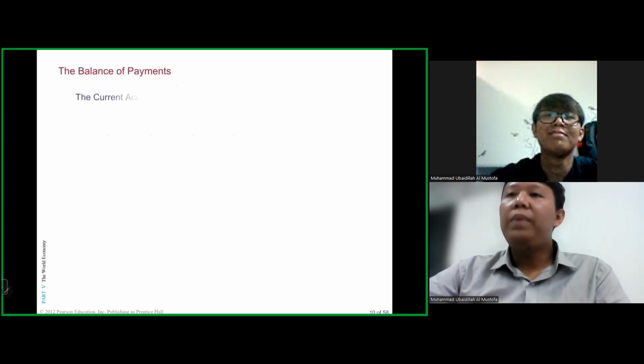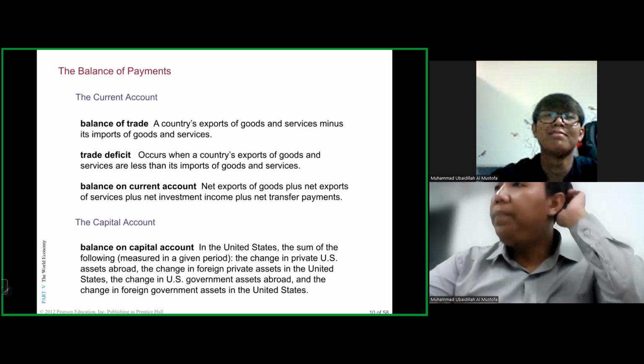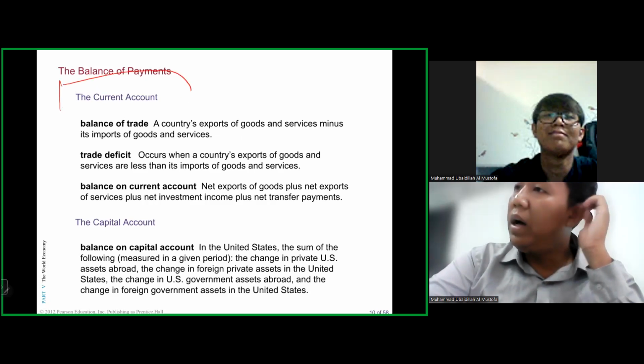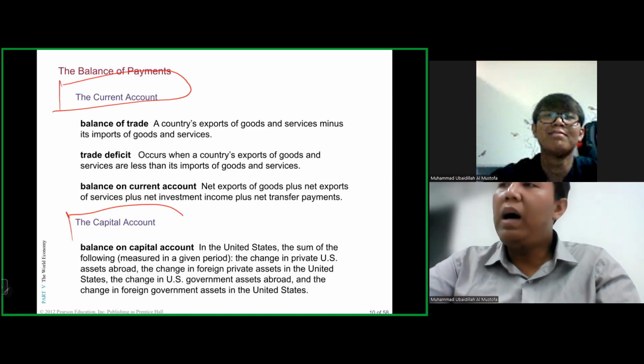So in the balance of payment, there are two important components. The first component is the current account, and the second component is the capital account.